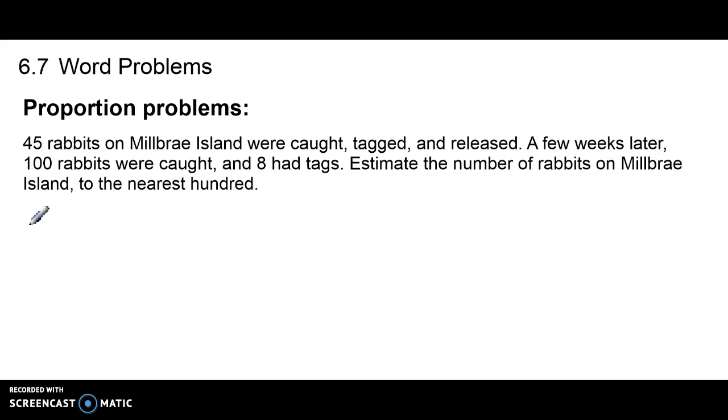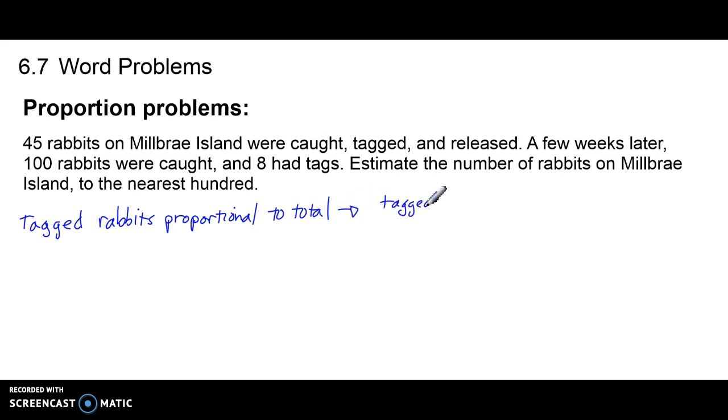So here, what you're meant to catch out of this is that the tagged rabbits are going to be proportional to the total population. So what that means is when you're setting up your fractions, you're going to want to have tagged in the numerator and total in the denominator, or the other way around.